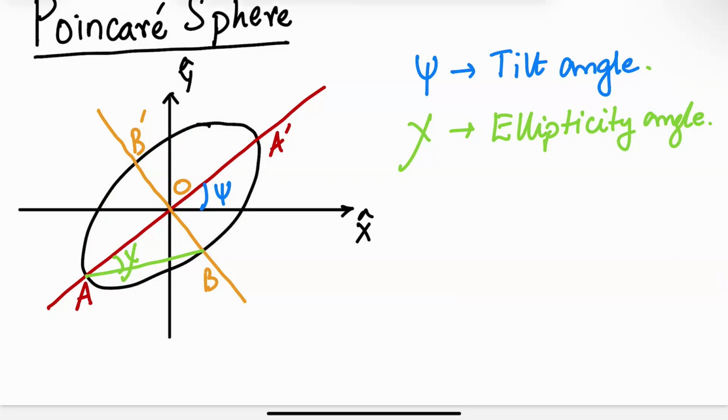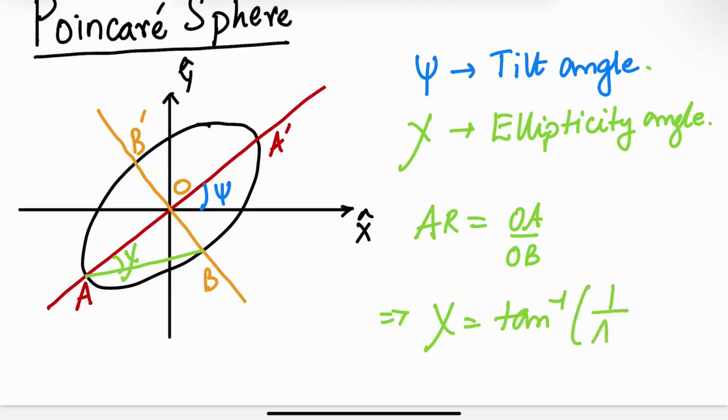The orientation of the ellipse is given by the tilt angle psi, and the eccentricity of the ellipse is given by chi. We saw that axial ratio is the ratio of the major axis to the minor axis, OA over OB, which means that chi is tan inverse of OB over OA, which is nothing but tan inverse of 1 over the axial ratio.